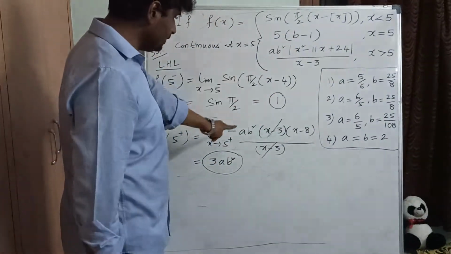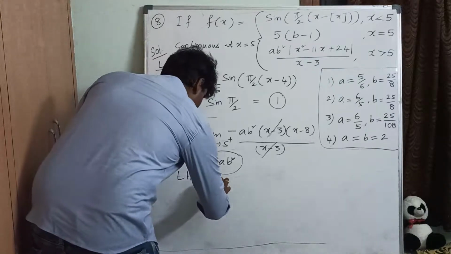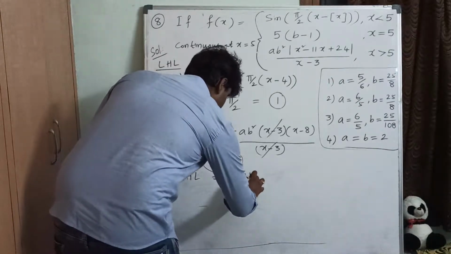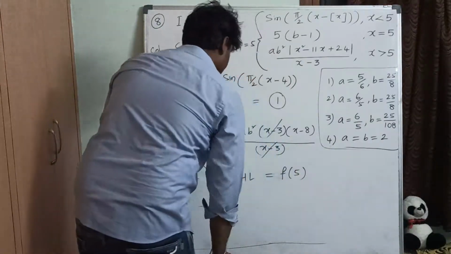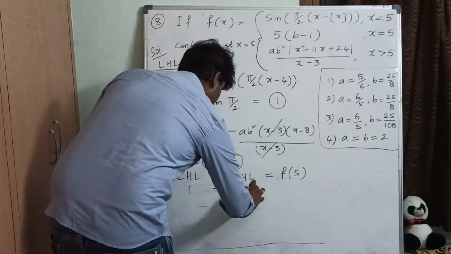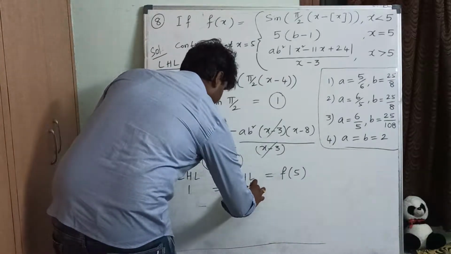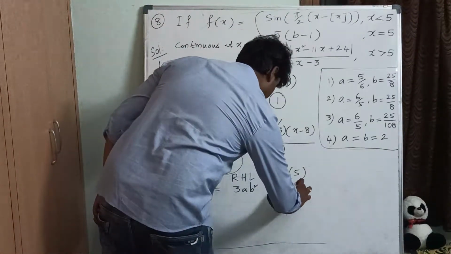So can I equate all of these? LHL equals RHL equals functional value. What is the functional value? f of 5. So what is LHL here? 1. What is RHL? 3 into ab square. And what is the functional value there? 5 into b minus 1.